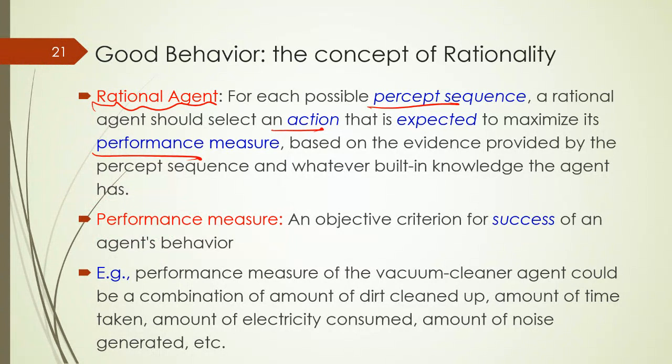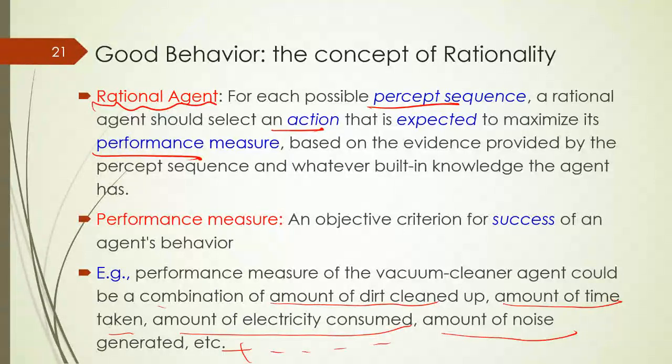For example, the performance measure of the vacuum cleaner, as I said, could be a combination of the amount of dirt cleaned up, amount of time taken, amount of electricity consumed, amount of noise generated, and so on and so forth. So you can define performance as a combination of different parameters in your agent.